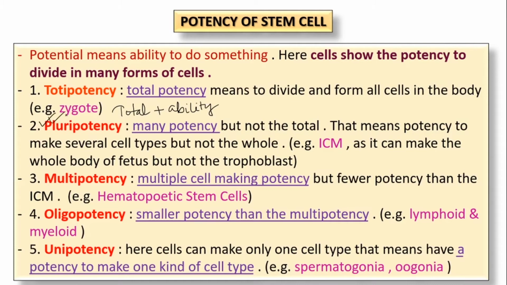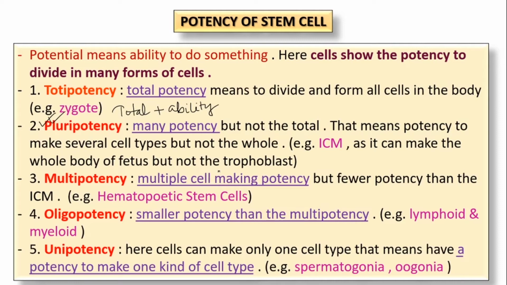Pluri means not total but maximum. Here the stem cells can form almost the whole body but not the total. That means we can say that pluripotency is narrower than totipotency, and this pluripotency can be shown by the ICM.